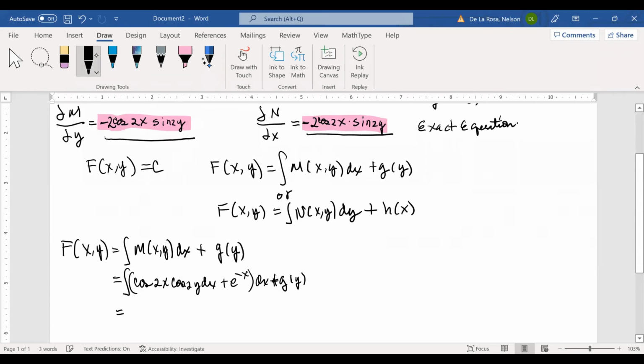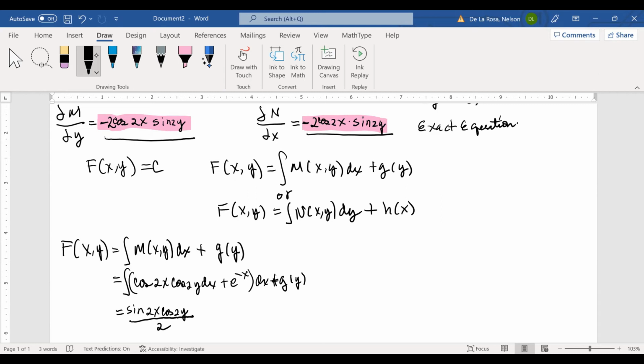f of x comma y is sine of 2x cosine of 2y divided by 2. Recall here we're going to find an integral of that expression depending on x. So for example, cosine of 2y is going to be like a constant, like a number.